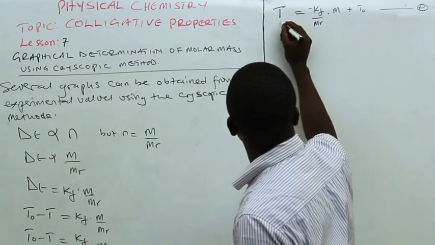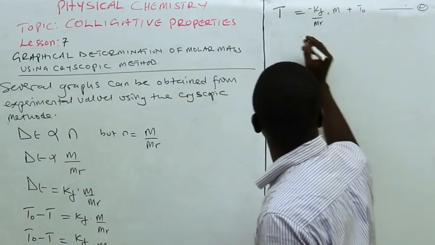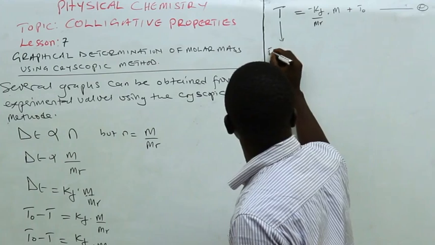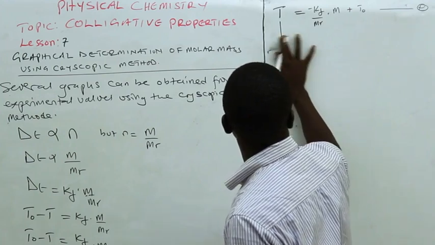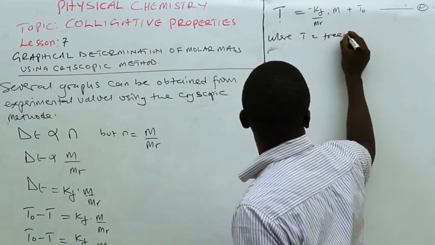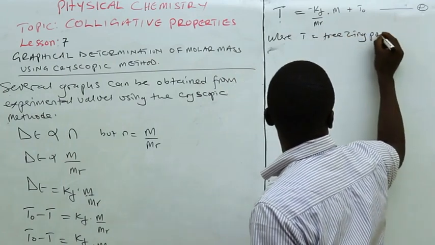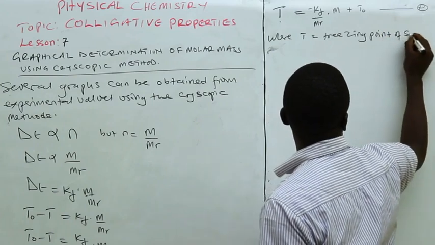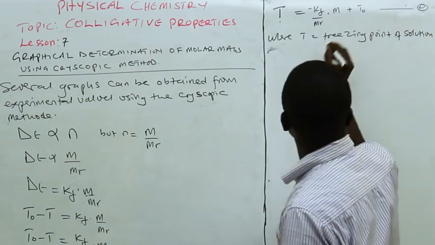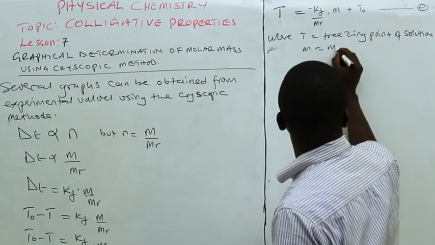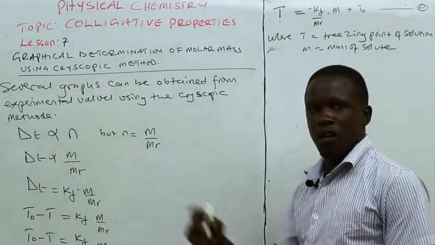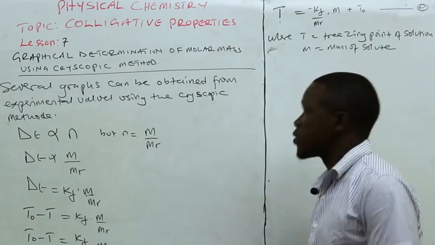Remember, where T is the freezing point of the solution, that one will keep varying. m is the mass of the solute that you will keep adding in the same amount of the solvent.